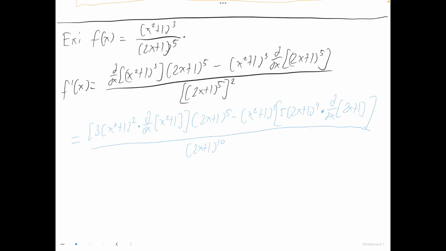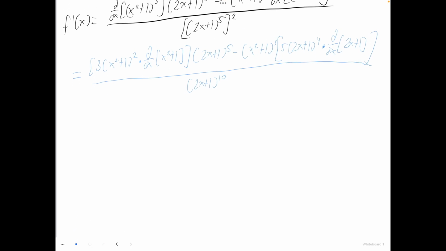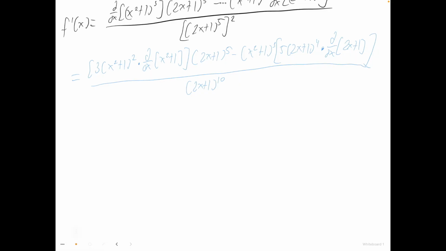And so here, we just need to compute our derivatives now from the chain rule piece. And so we're going to have 3 times x squared plus 1 squared times the derivative of x squared plus 1. But the derivative of x squared plus 1 will just be 2 times x.